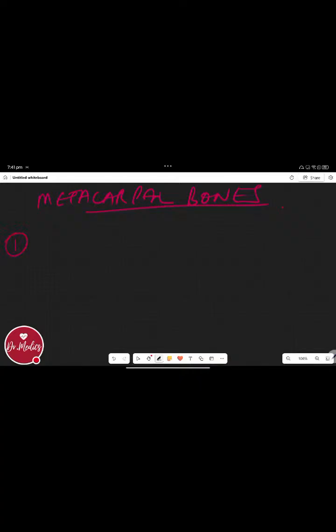The first clinical anatomy of metacarpal is obviously the fracture of the base of the first metacarpal bone. First metacarpal bone is the thumb. It is not the little finger. Anatomically, the first finger is not the little finger.